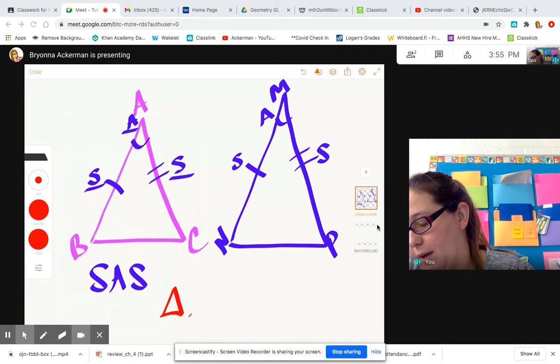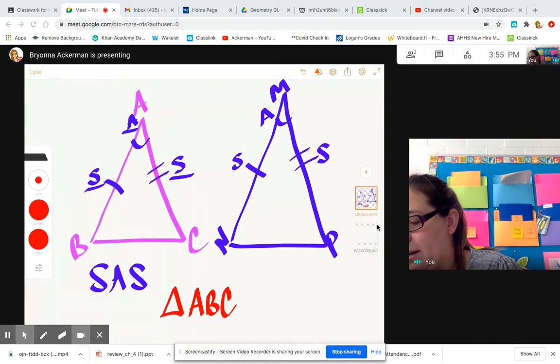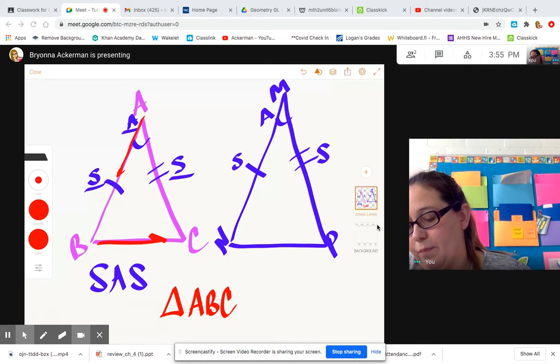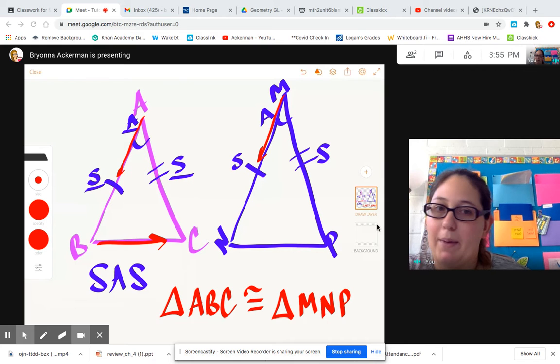So I'm going to start at the top, A, B, C. And so I started here, and I went to B, so I went with the one tally mark, and then I went over to the one with no tally mark. And so I need to follow that same pattern with the blue one. And so that's going to be congruent to triangle MNP. I'm following the same pattern.